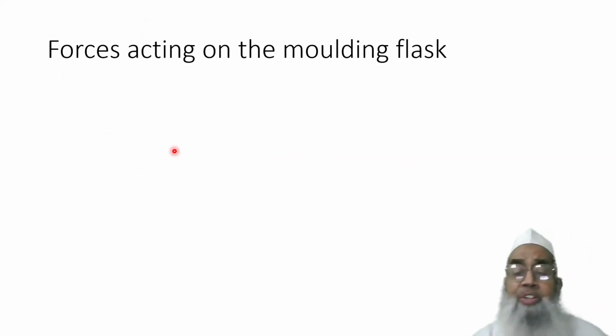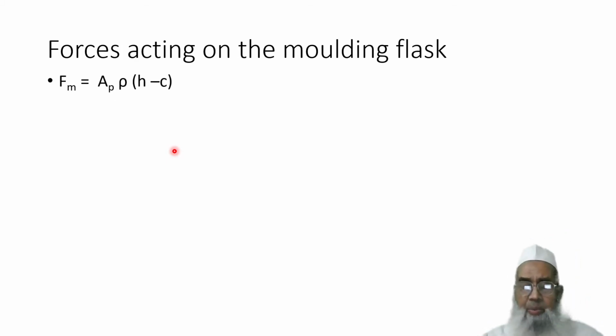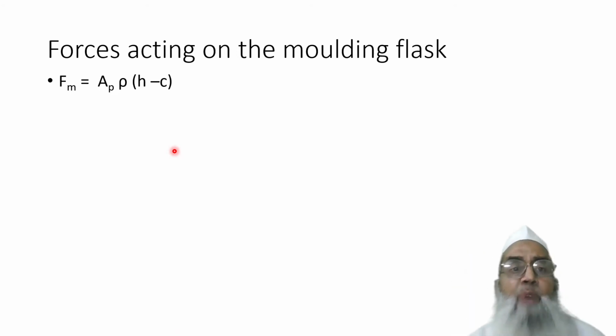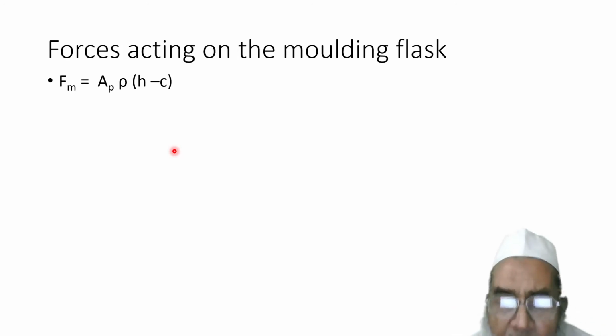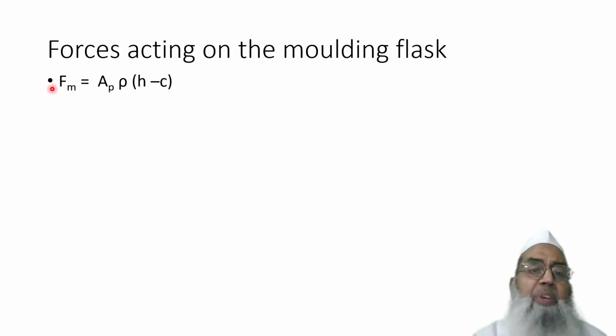Now, the forces will also act. We fill the mold cavity with molten metal. The whole surface of the molten metal will apply buoyancy force on the cope, the upper flask, so let us see what the total buoyancy force acting on the upper flask, that is the cope of the molding flask, should be, and that can be given by this equation.